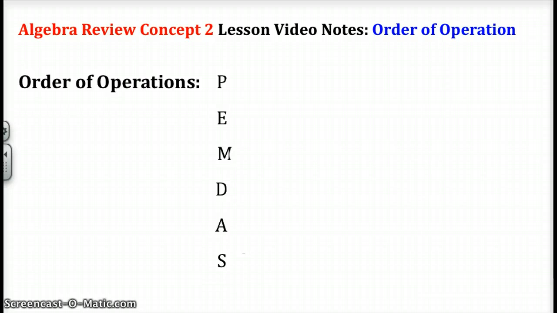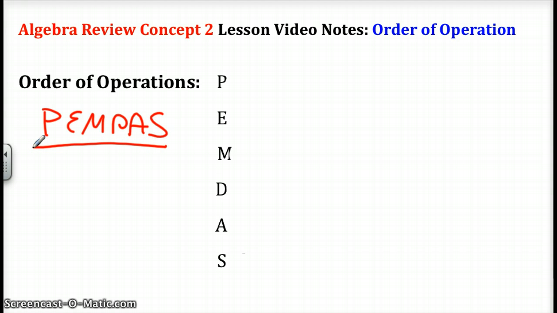We're doing our second algebra review, and we're talking about order of operations today. Two ways to remember your order of operations. PEMDAS is one way, and some people are familiar with PEMDAS. The other way that I've used is, P stands for parentheses, please. E stands for exponents, or excuse.